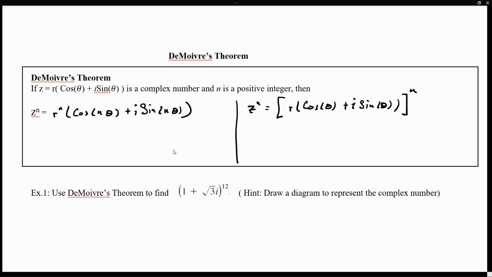And when we have it in this form, that's equivalent to writing it out as r to the n, cosine n theta plus i sine of n theta. And this is just the same conclusion that I stated previously.